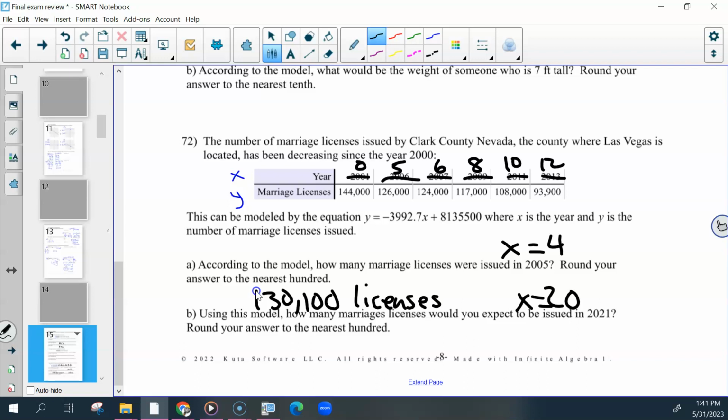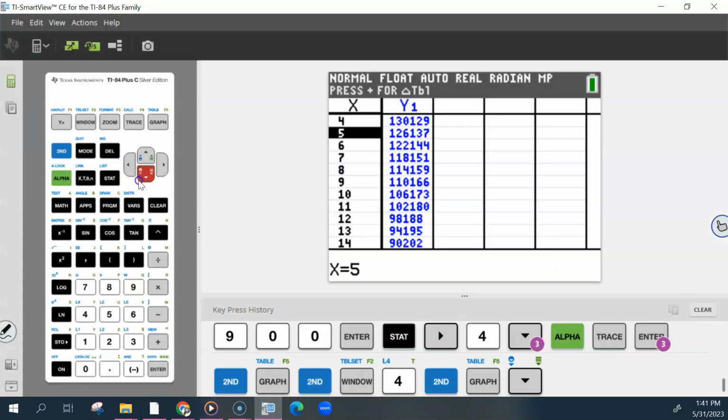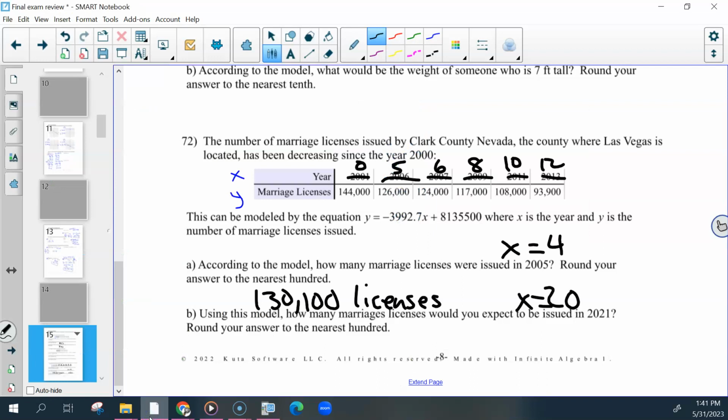And then look at your calculator, go down until you see x equals 20, and find that number as well. So 66,200. Yes.